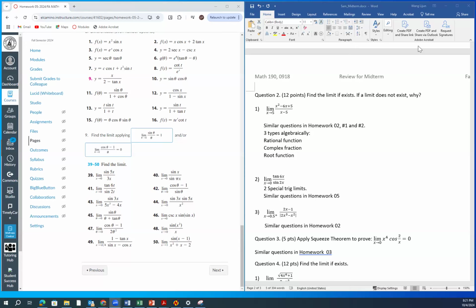Let me move this over here. This is the second question in the homework, chosen among these questions. We're not going to do the even numbers, we just do the odd numbers, but you should be able to do all the others. 39, you should know how to do it.